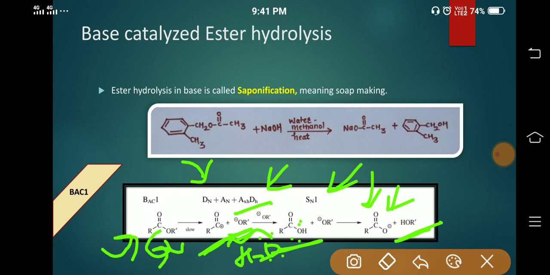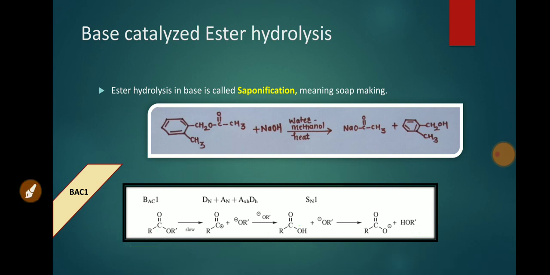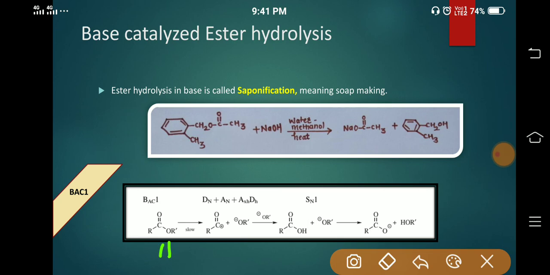Now, in this reaction we can see the first step is dissociation of the nucleophile, that is the dissociation of the alkoxide ion, which is strongly nucleophilic in nature. Removal of this type of strong nucleophile is not that easy, and is not possible in most cases.